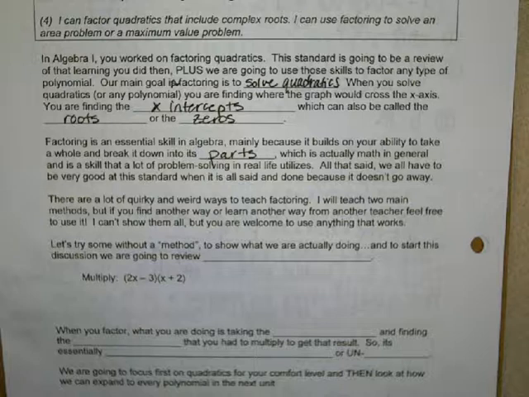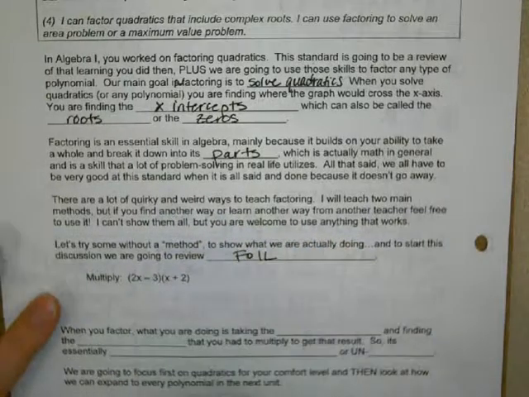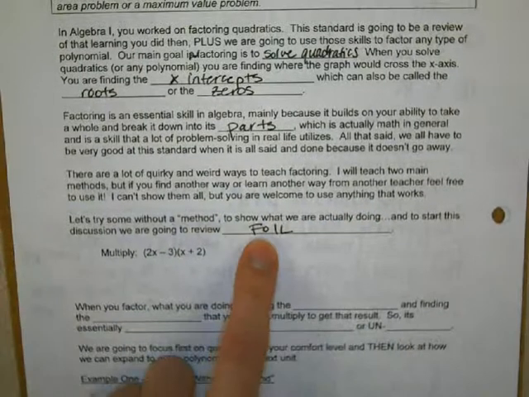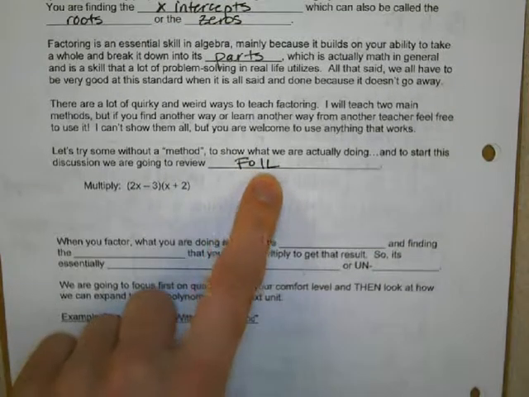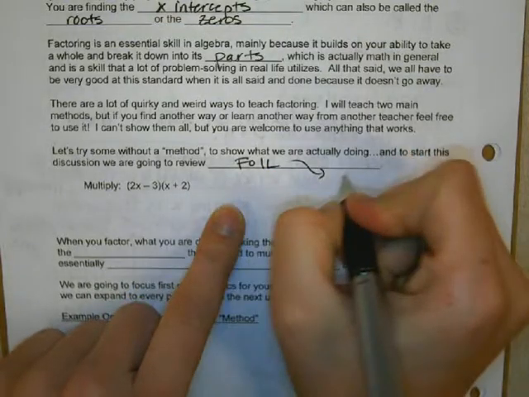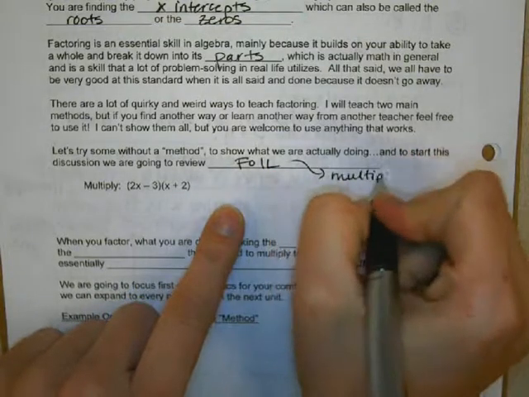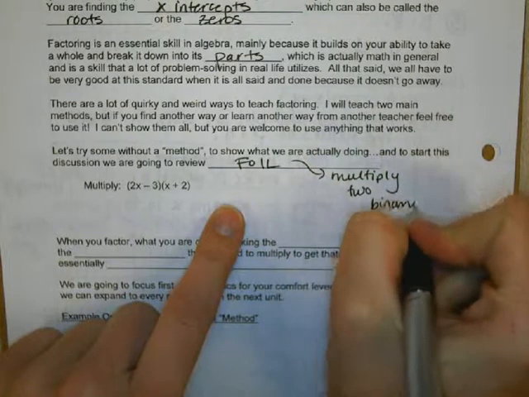So let's try some without a method to show what we're actually doing. To start this discussion, we're going to review FOIL. If you remember back from Algebra 1, the F means first, O means outer, I means inner, L means last. This is what we use to multiply two binomials.